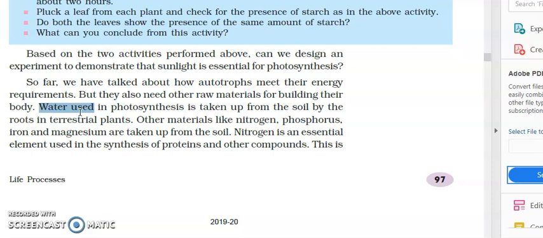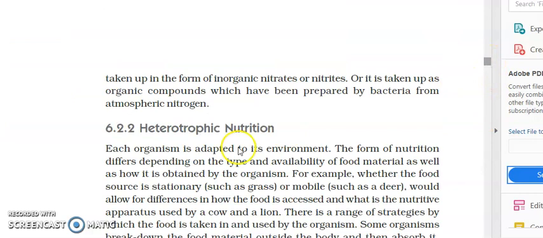All of these micro and macronutrients and water are utilized in photosynthesis. And of course, what are the macronutrients? Well, nitrogen, phosphorus, iron and magnesium, because they are required in very small amounts, they are the micronutrients. So you can just read through this area.